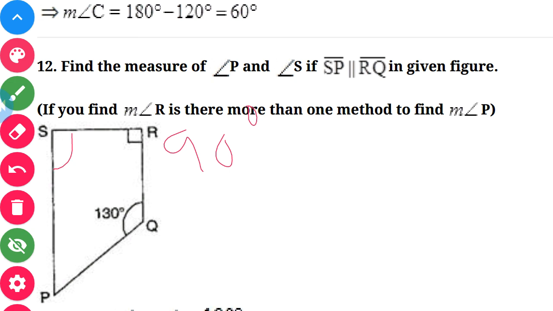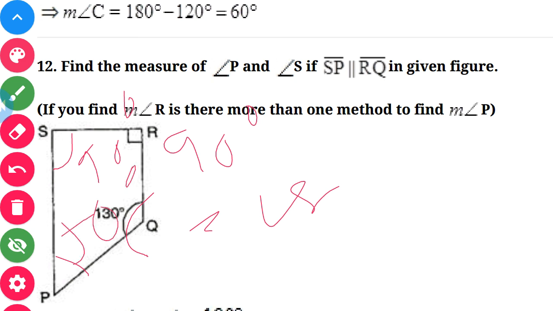So 180 minus 90 will give you what? 90 degrees. And now if you want to find P, here also the sum of adjacent angles should be 180 degrees, that is angle P and angle Q is equal to 180 degrees. Already you have Q. You can just subtract that 130 from 180 and get what? Angle P, that is 50 degrees.